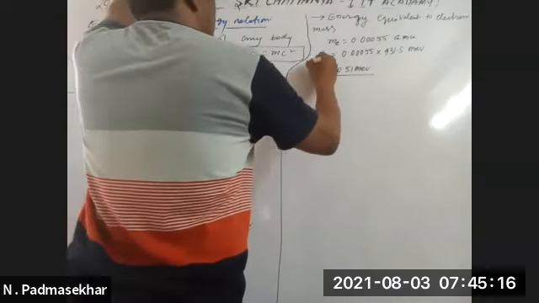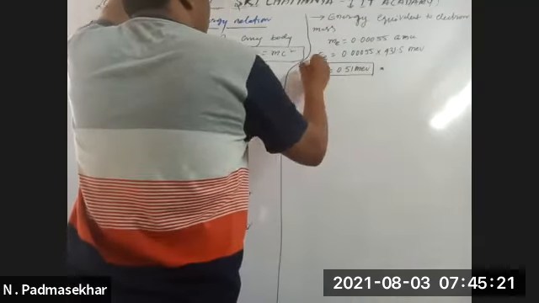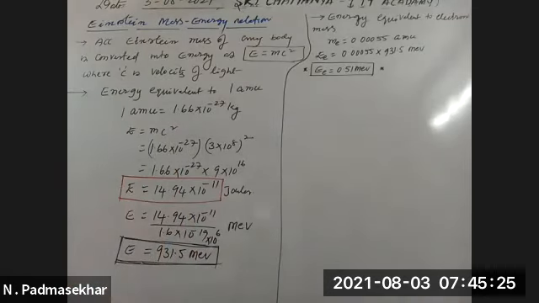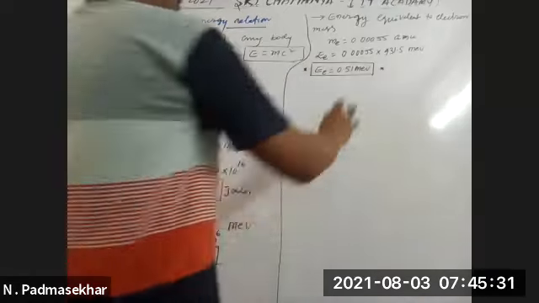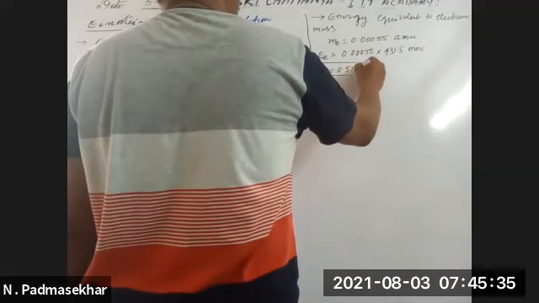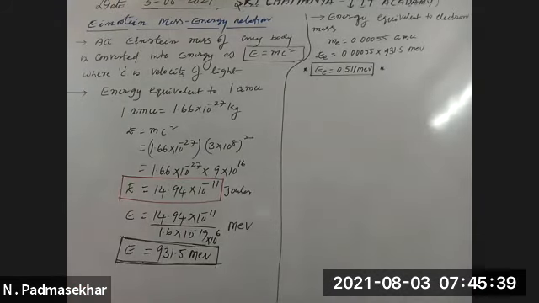This is important. So this is the energy equivalent to the mass of the electron. 0.511 or 0.51.